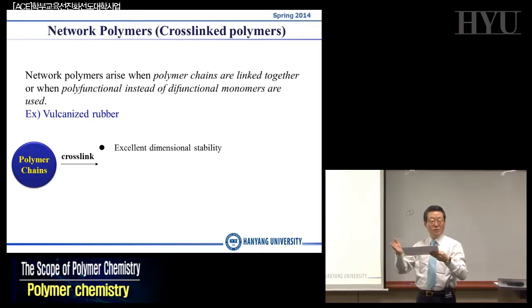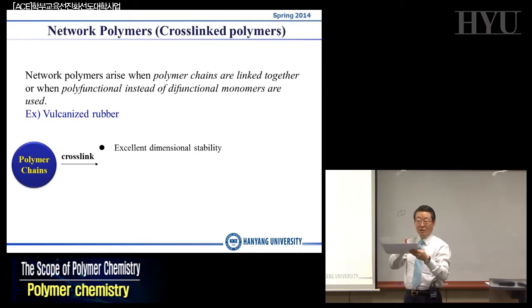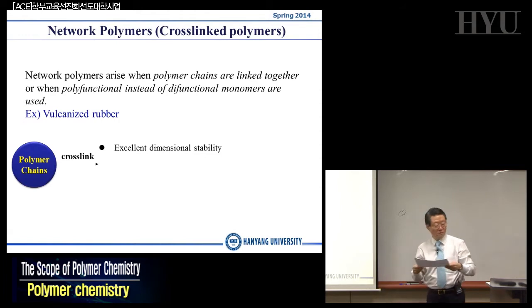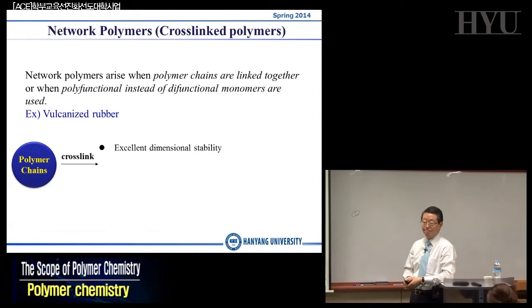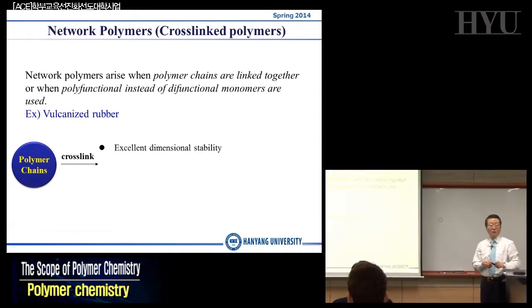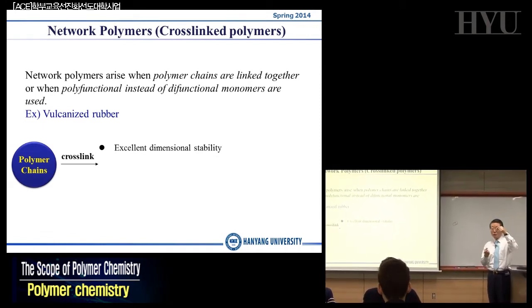If it shrinks very extensively or expands very enormously, then we do not call this excellent stability. It has a very weak dimensional stability. So excellent stability comes from the network structure.